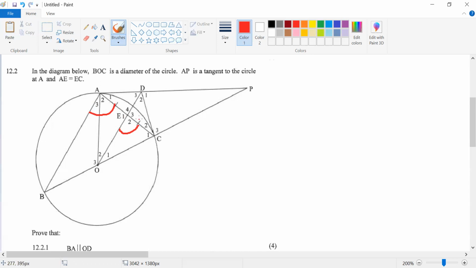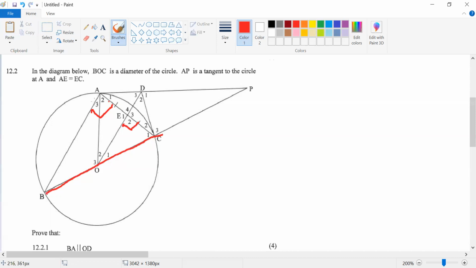And now this is the one that we are actually going to be using, because if you recall, I told you that this angle right here is 90 degrees because of theorem 1 saying that the line from the center bisecting the chord acts at 90 degrees to that chord. And for the other angle, if I have a diameter right here, the angle opposite that diameter is equal to 90 degrees.